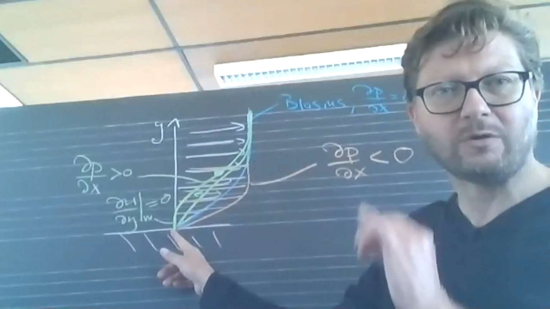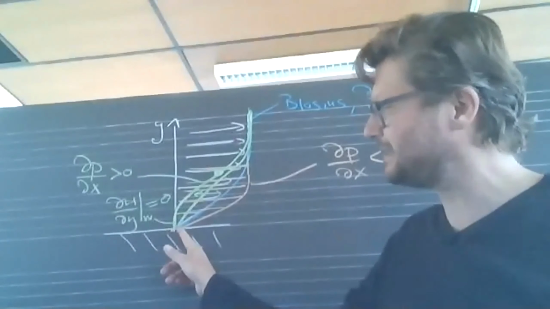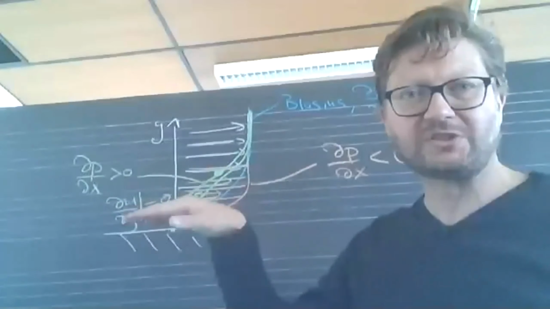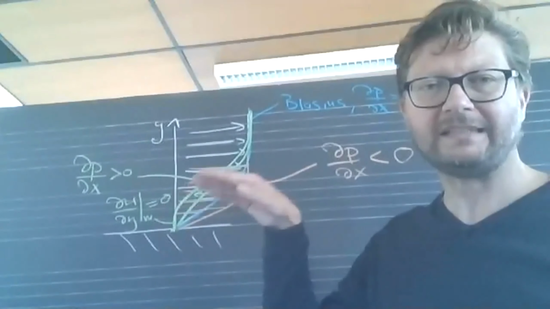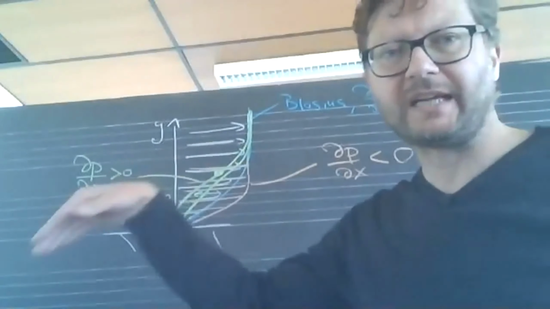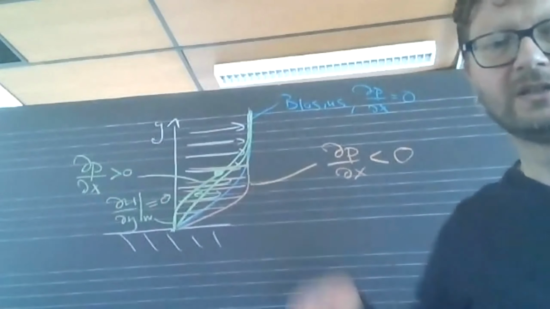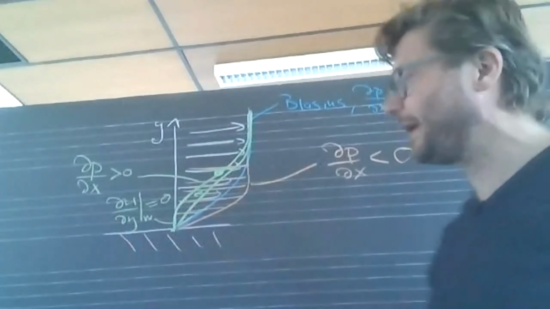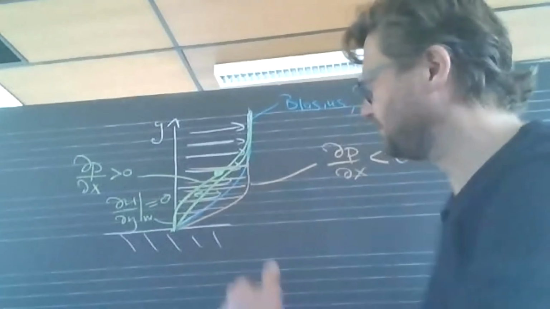That means for this boundary layer, you have zero wall shear stress. And this is happening on the downstream side of an object like an airfoil or a wing. What is happening if we go beyond this point?